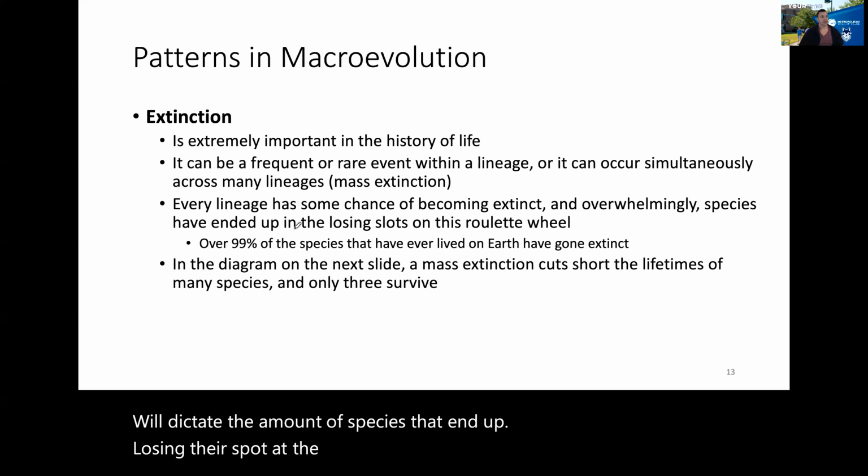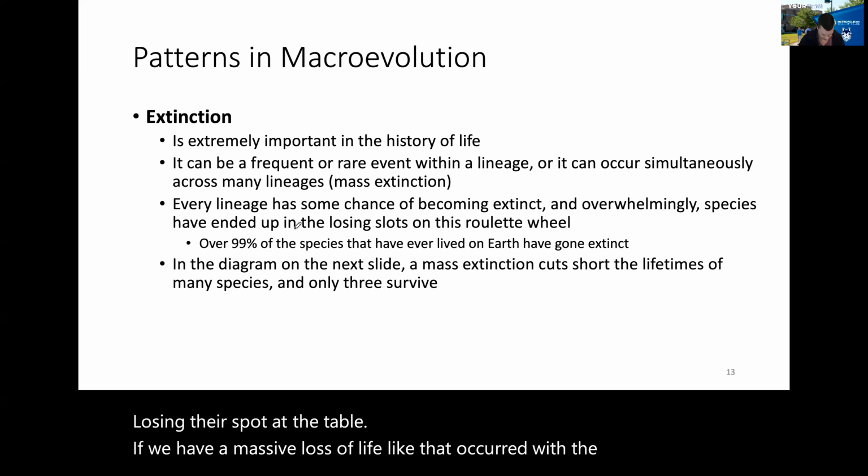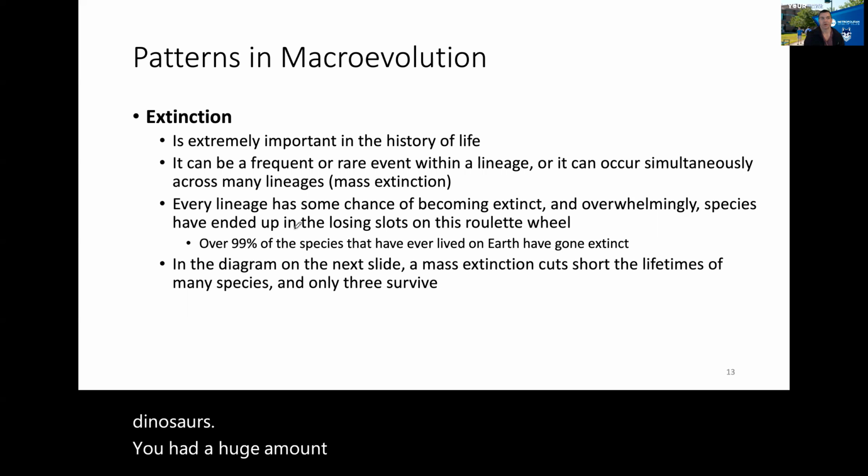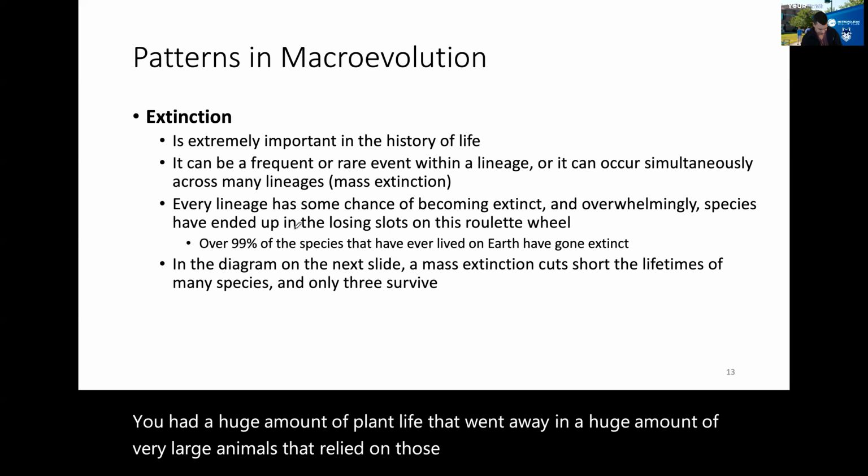If we have a massive loss of life like that which occurred with the extinction of the dinosaurs, you had a huge amount of plant life that went away and a huge amount of very large animals that relied on those that started to die.